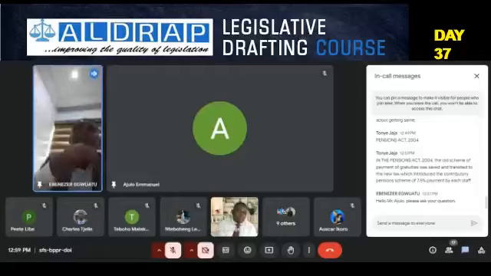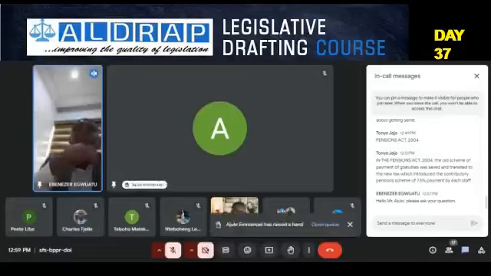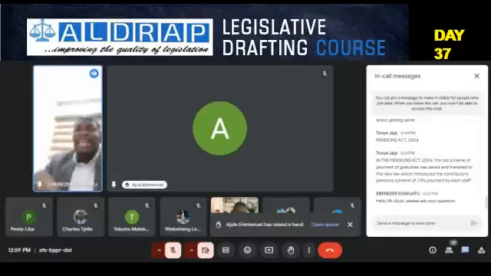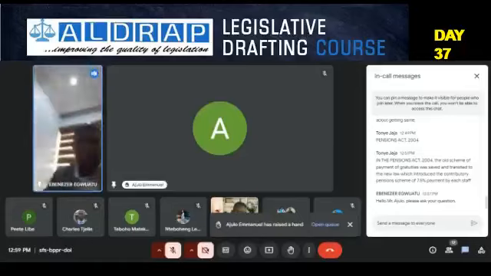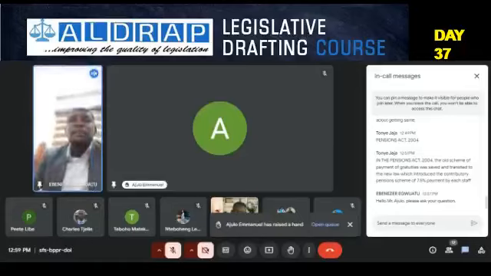Now, we talked about consequential amendments, not just a list and institution. If there is an existing law already, amendment must not be only on the title.